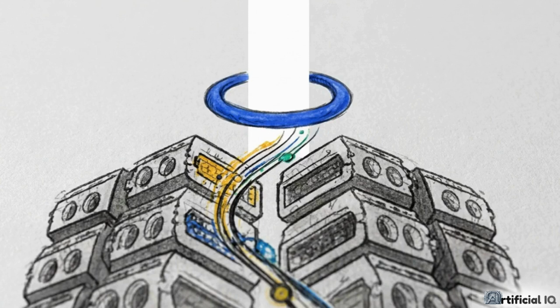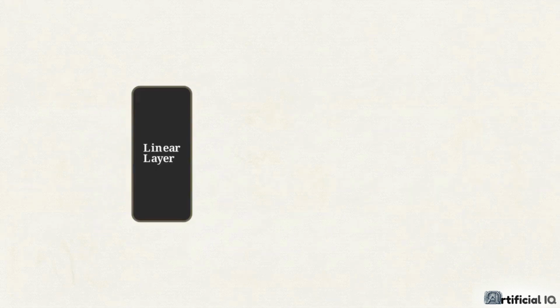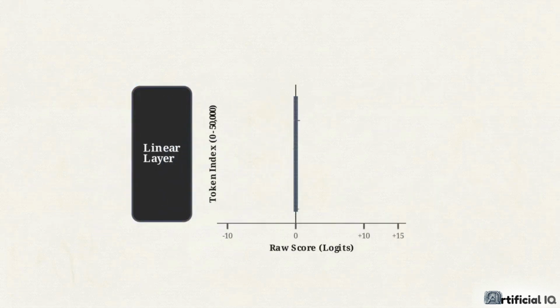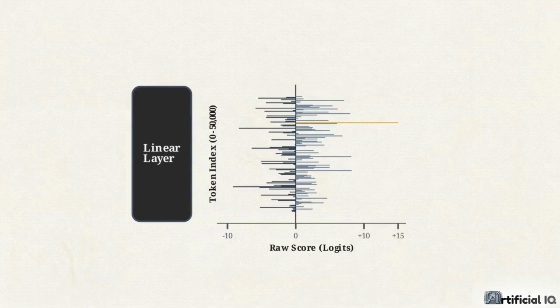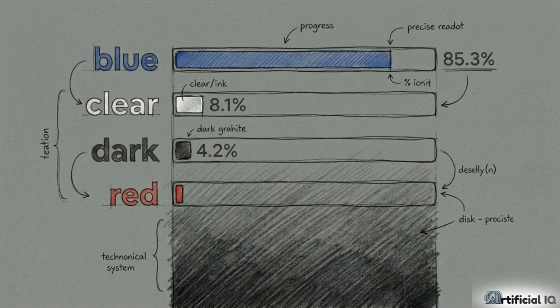Upon exiting the top of the transformer stack, the final token's vector undergoes one last layer normalization. This graphic shows that normalized output vector passing through a linear layer. It instantly expands into a massive, dense bar chart of raw scores, known as logits. These raw logits are then converted mathematically into an actionable probability distribution, assigning a percentage likelihood to every possible next word in the model's vocabulary.